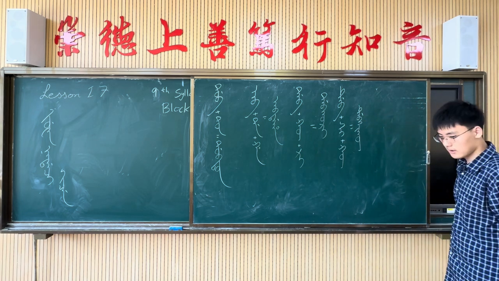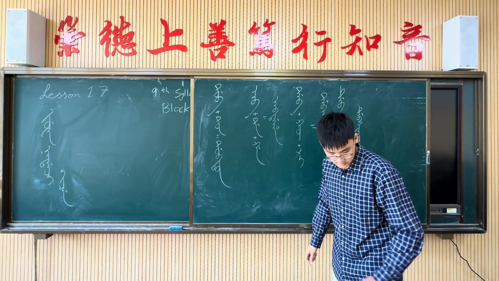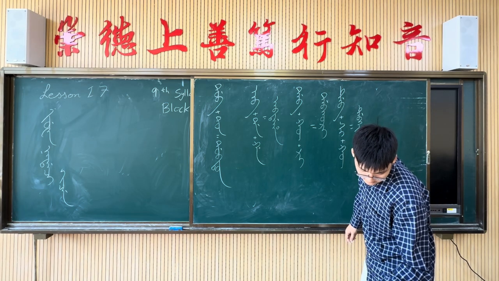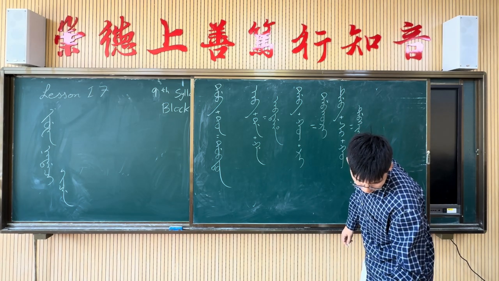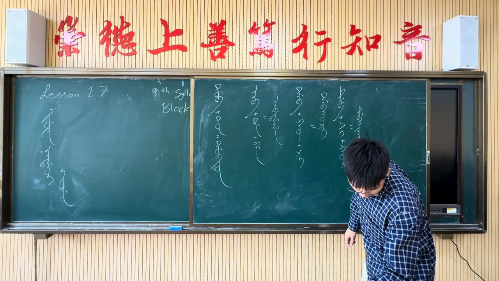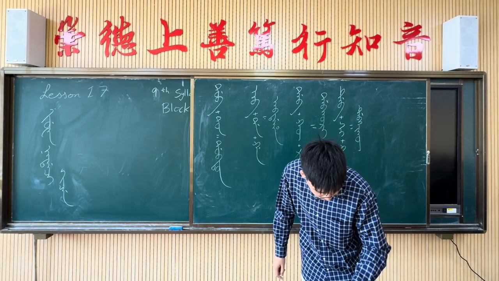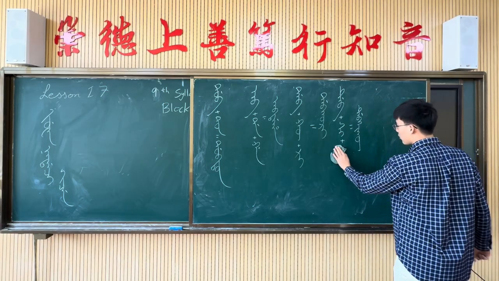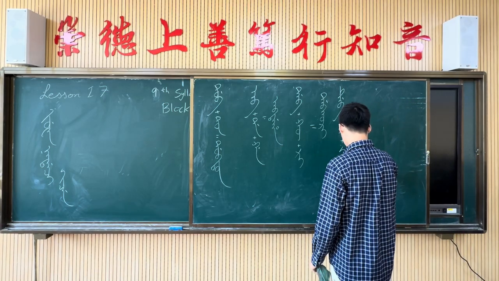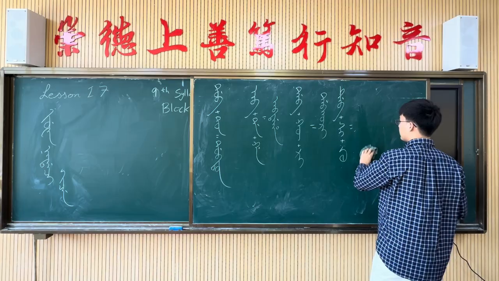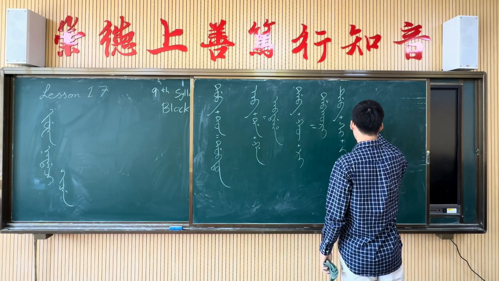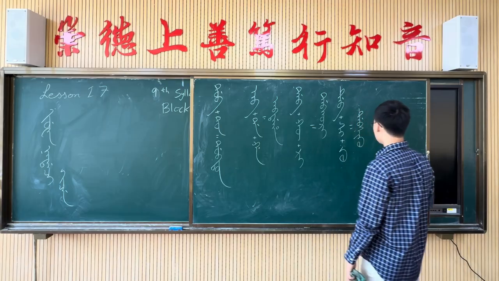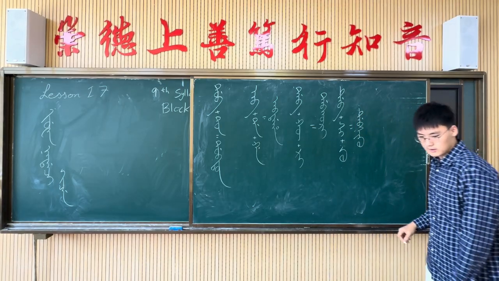的西阔, 的西阔. Oopsies. Accidentally wrote the wrong letter. Give me 1 second. 的西阔, right? Okay, it's not 阔的西阔. Let's rewrite this. The西阔, the西阔.